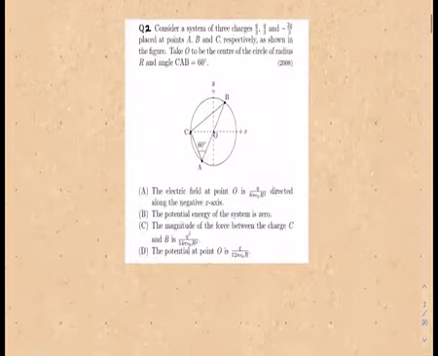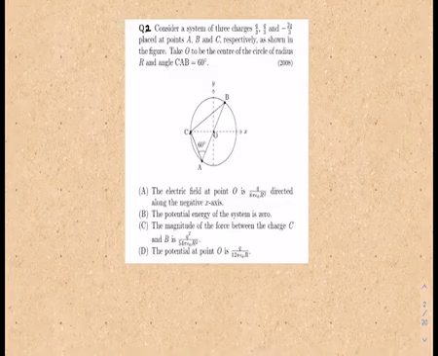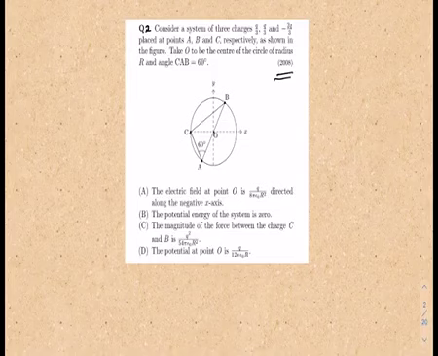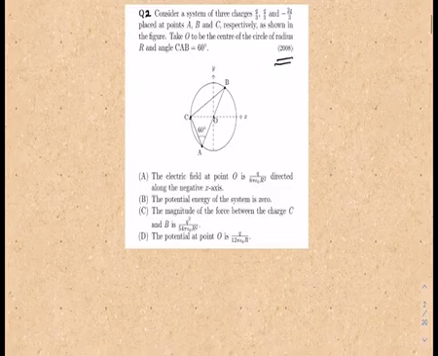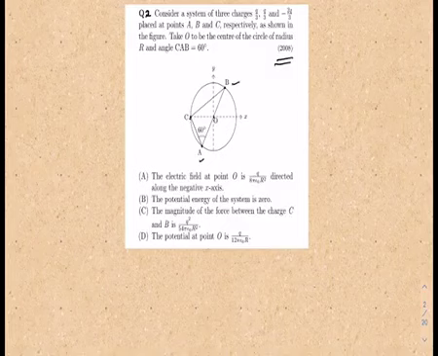Now come to this problem. This was asked in 2008 JEE Advanced. Consider a system of three charges q by 3, q by 3 and minus 2q by 3 at points A, B and C as shown in the figure.